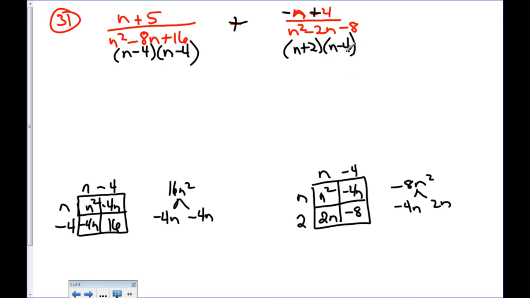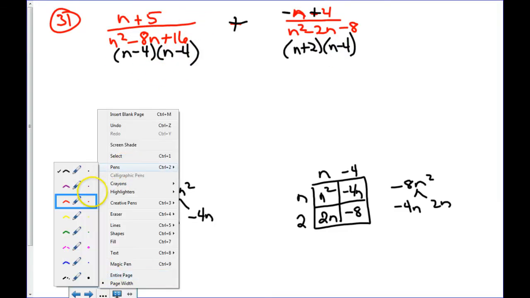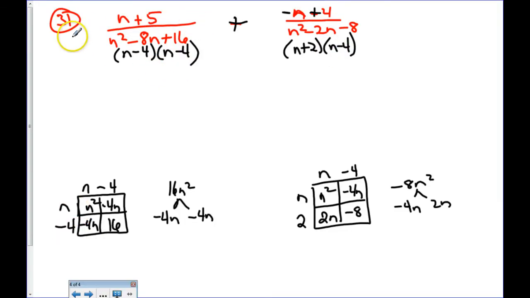Now we are ready to find a common denominator. What is my first term missing that my second term has? An n plus 2. So I'm going to multiply n plus 2 times the top and the bottom. What is my second term missing that my first term has?